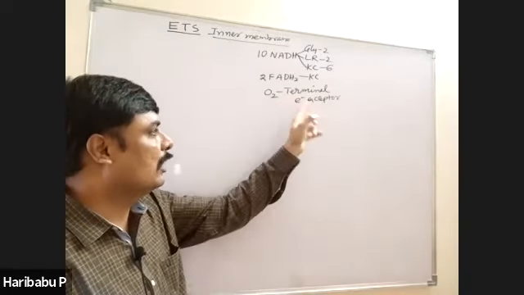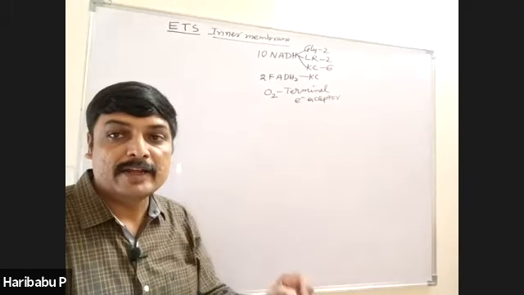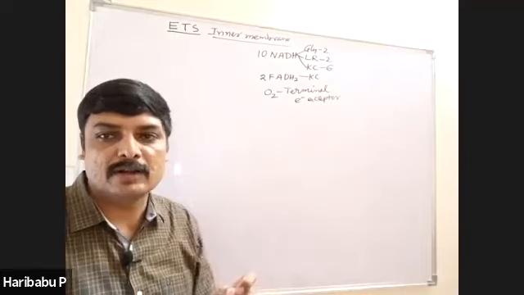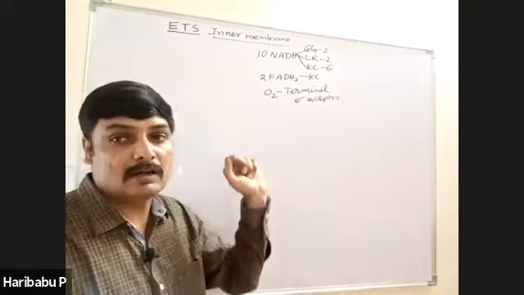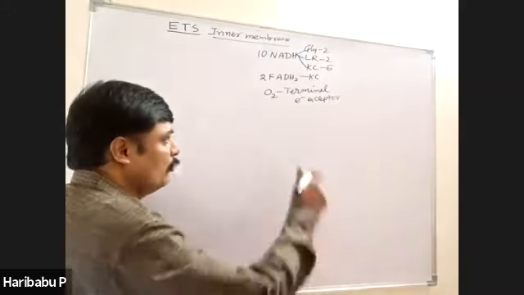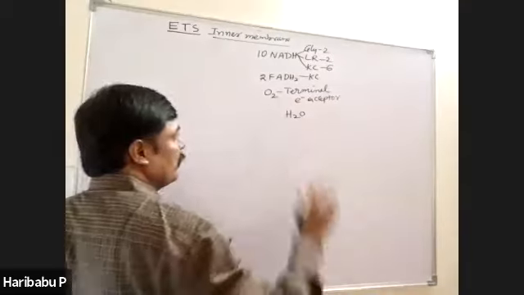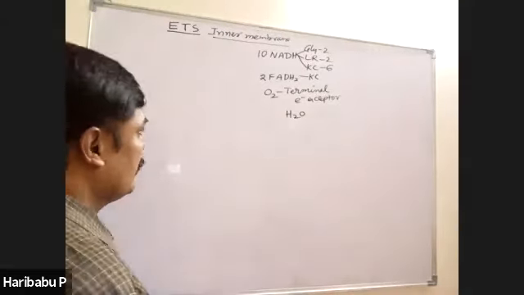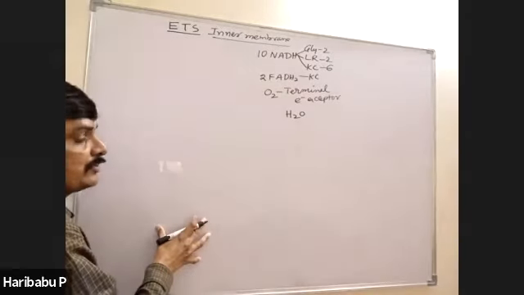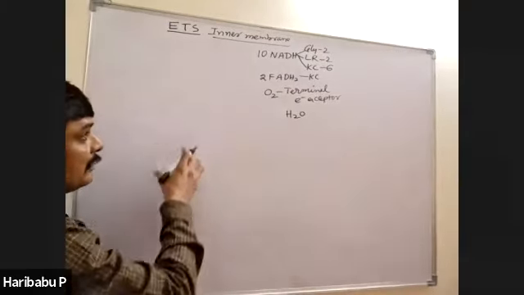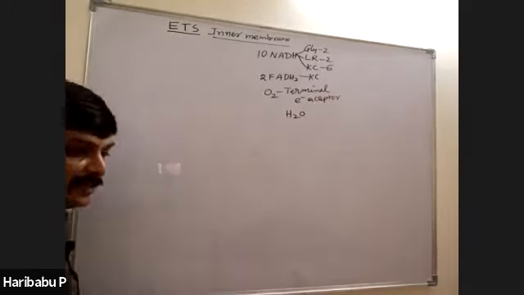Oxygen is crucial because it is the ultimate electron acceptor. As a result, water is formed. Now let us see what complexes are present on the electron transport system, how they carry the electrons, what the pathway is, and how ATP is generated.